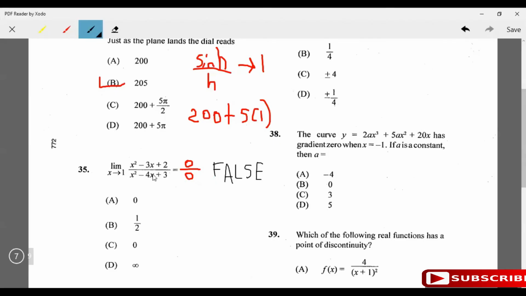So now what we need to do is divide both the numerator and the denominator by x minus 1. Let's do it on a fresh sheet of paper. That's x squared minus 3x plus 2 and x squared minus 4x plus 3.